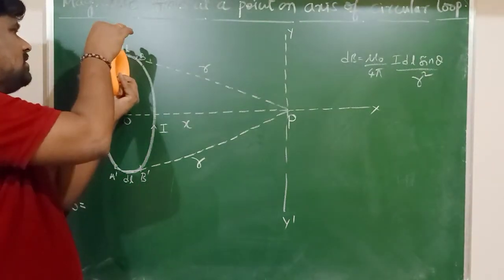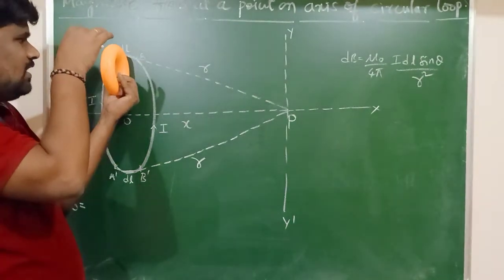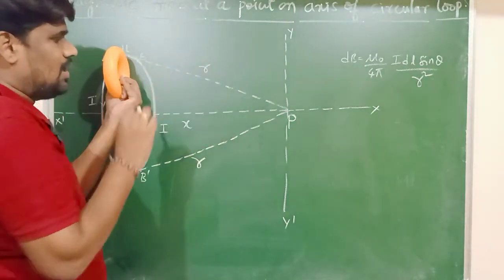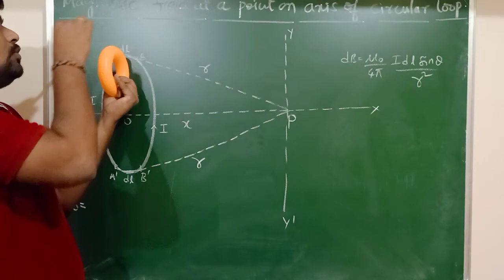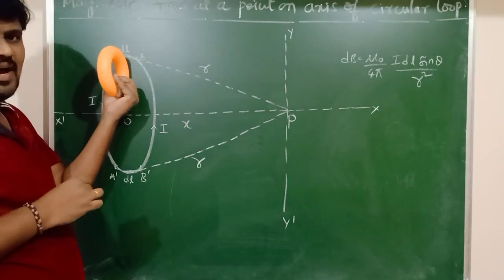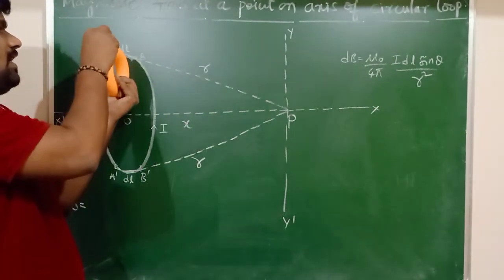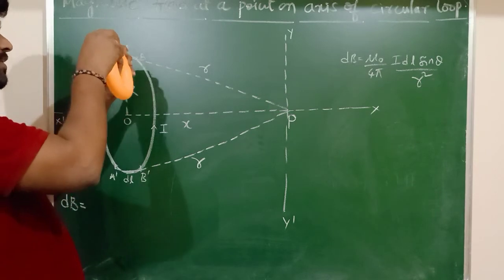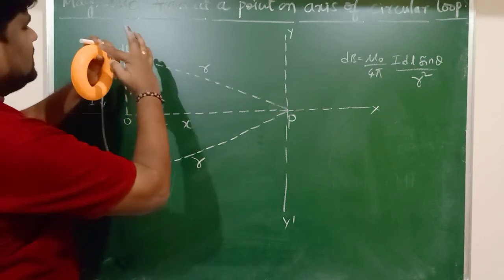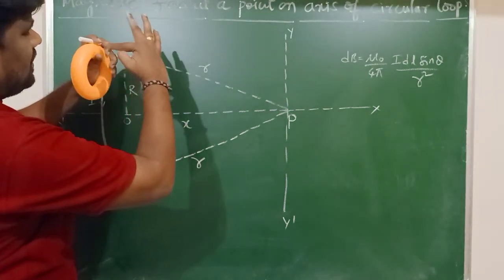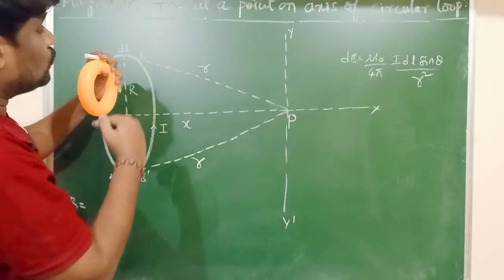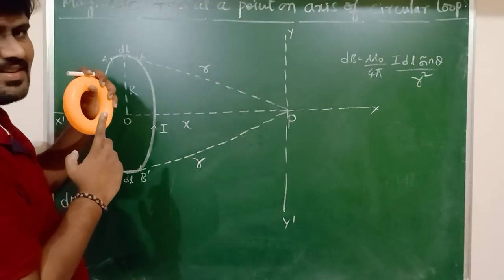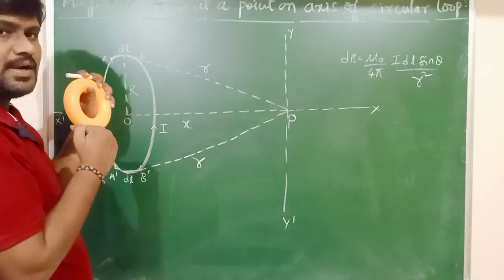And this is R. Obviously R is perpendicular to dl, because this is dl and this is R. R and dl both are tangent to the circles.